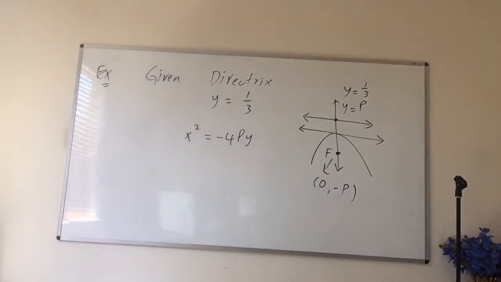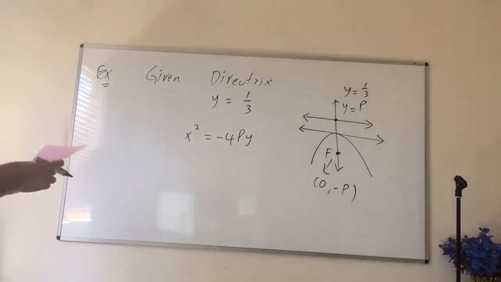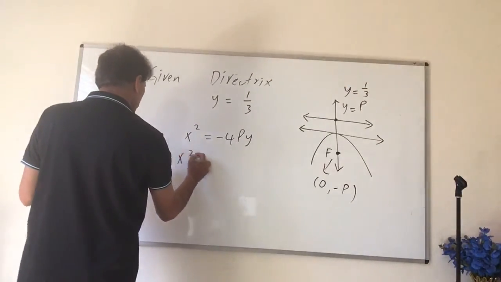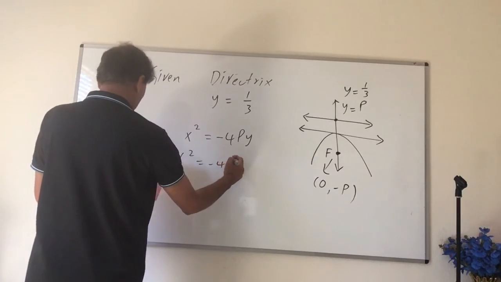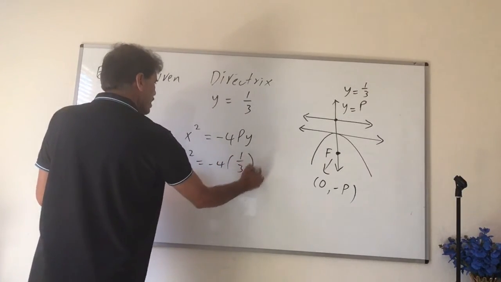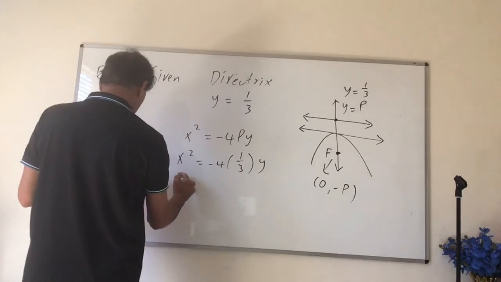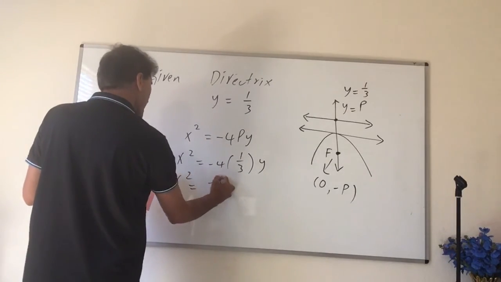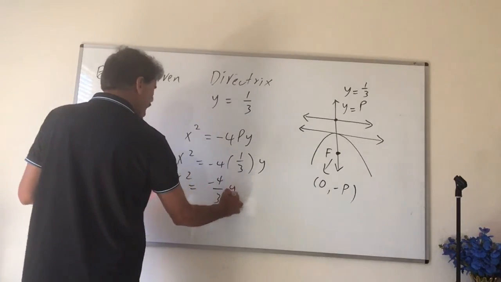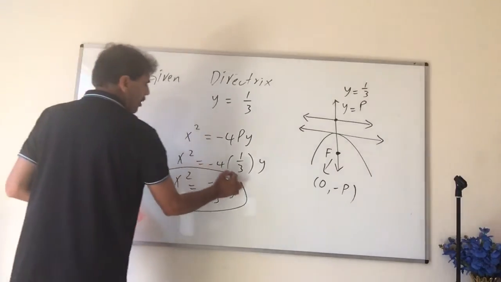That is the equation of the parabola when it's opening downward, with the focus 0 comma negative p, and the vertex y equals the opposite of negative p, which is positive p. So then we just substitute. x squared equals negative 4, p is 1/3, and the y stays the same. So x squared equals negative 4 over 3y, and that is your equation of the parabola.